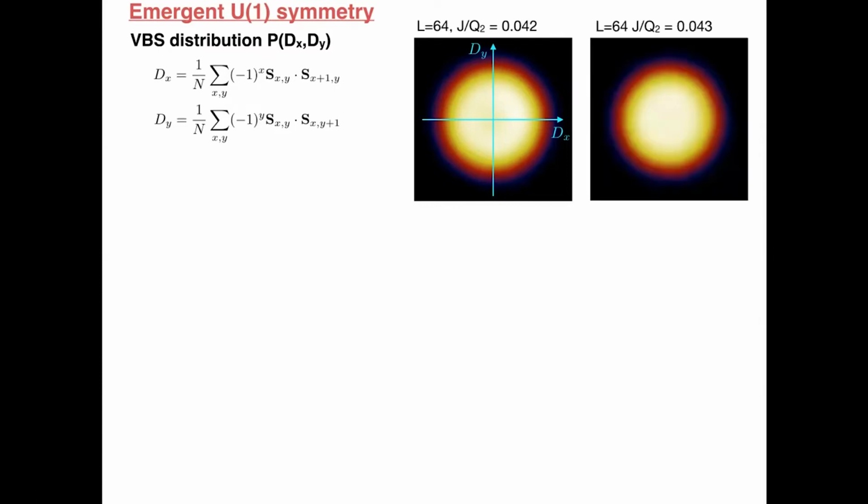This is for a not very big system, but it takes a lot of effort to make these histograms smooth. This is slightly away from the transition, but pretty close. The transition drifts as a function of system size as well. You can think of it as close to the transition. If I change a little bit, it's actually a little bit inside the VBS phase, because if we go in the VBS phase, we see a ring with no weight in the middle.